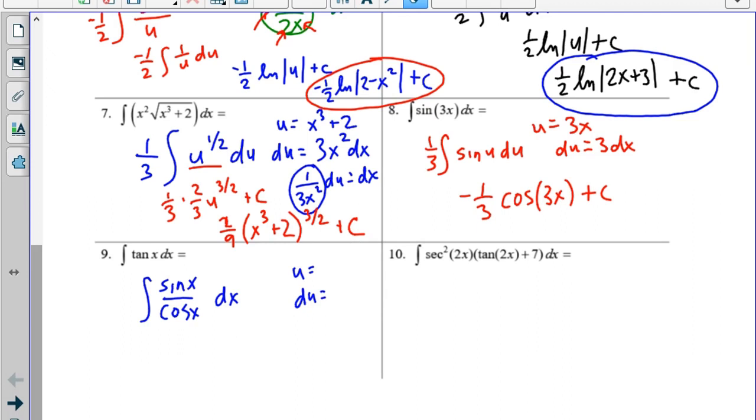So the reason why I'm going over some of these is sometimes you might make a poor choice and you have to realize that you can't do that. You have to try something different. So in this problem, a good choice for you would be cosine of x, because then du is negative sine of x dx.